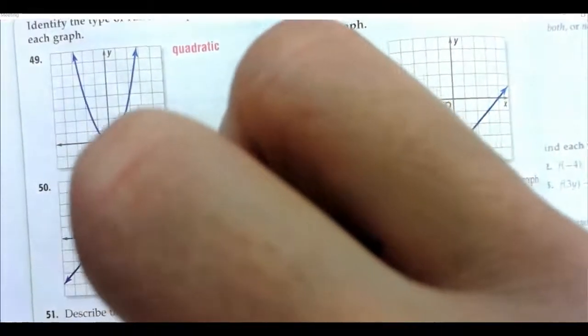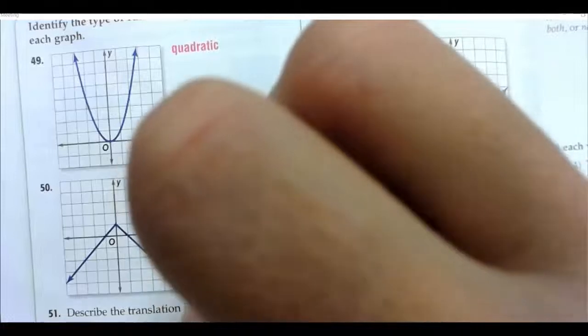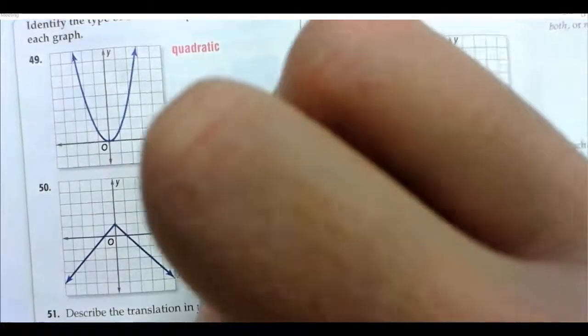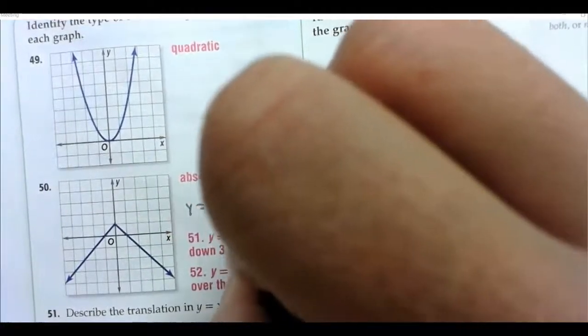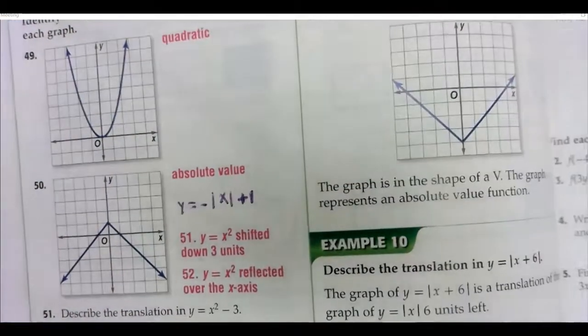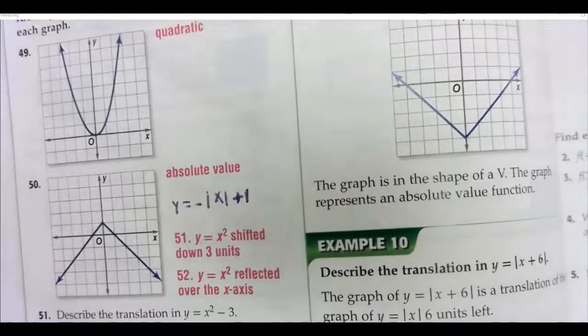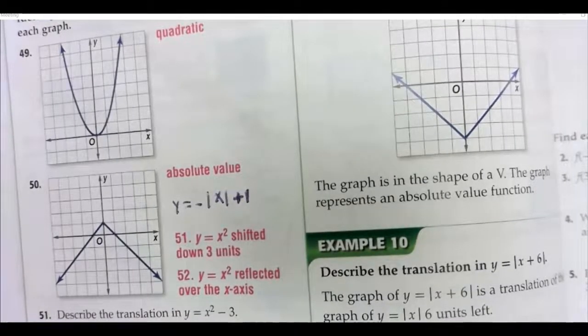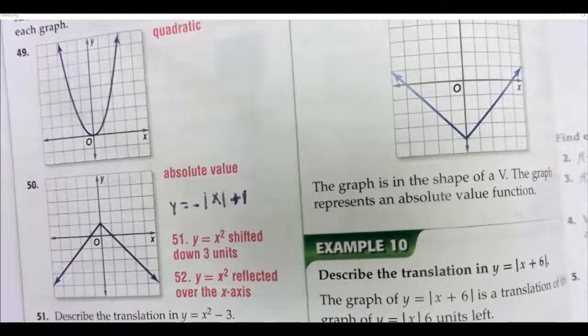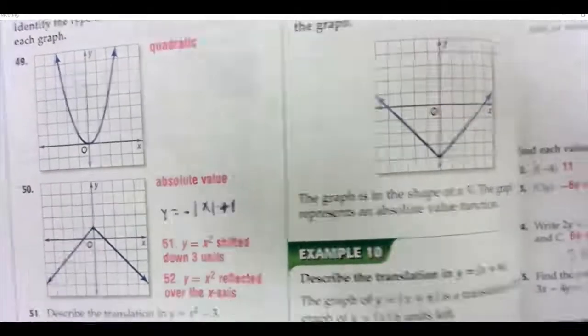The graph is reflected. So that would be equal to y equals negative absolute value of x plus 1. It's reflected and up 1. And again, that's something I would anticipate you could do.